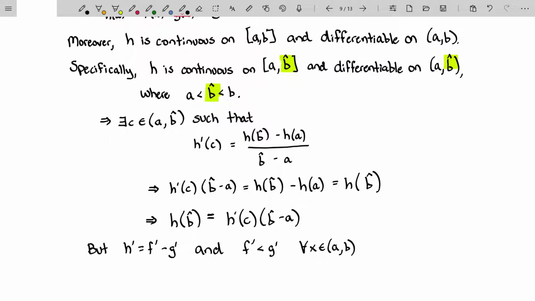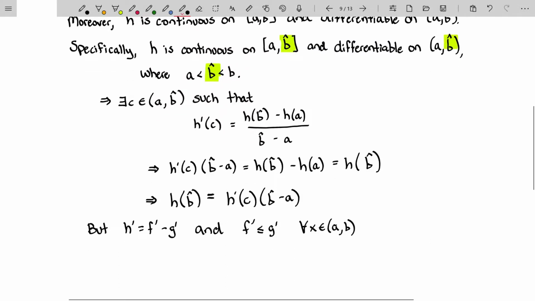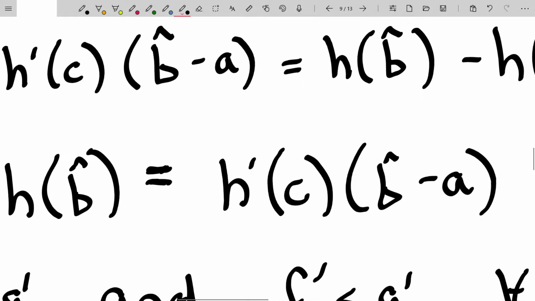But that interval from a to b hat is a subinterval, so again, that inequality still holds. And so that implies that h prime is less than or equal to 0 for all x in the interval from a to b. Well, that means that this h prime of c, because c is in between a and b, is negative or 0.